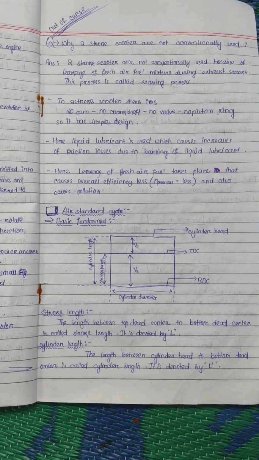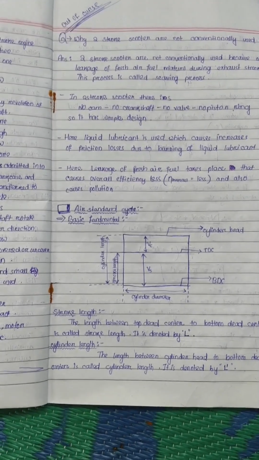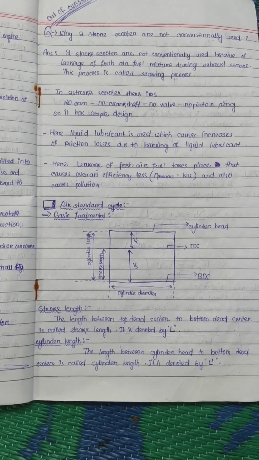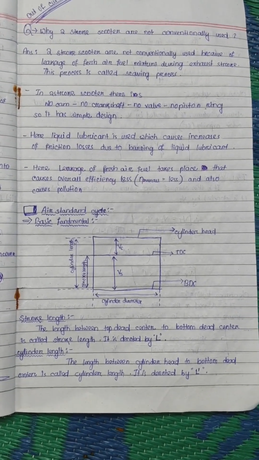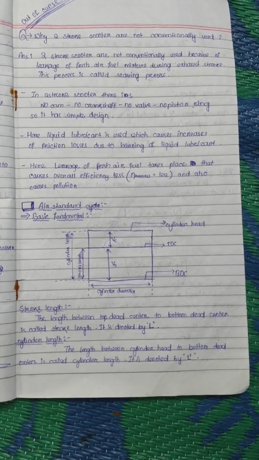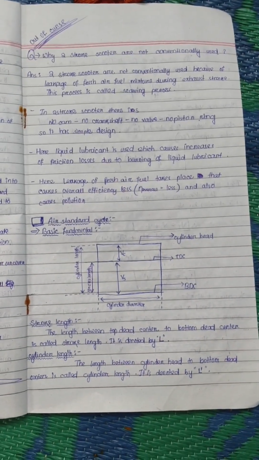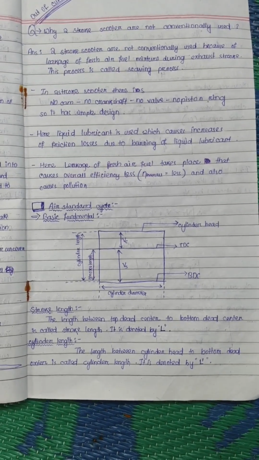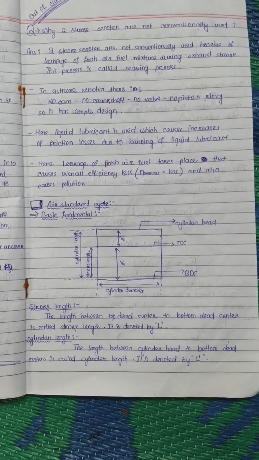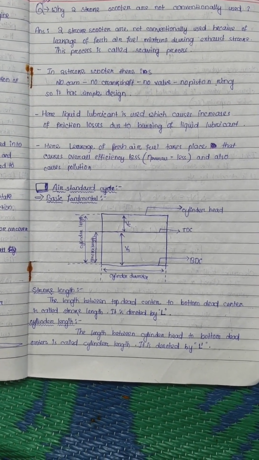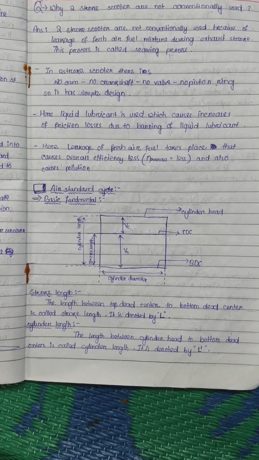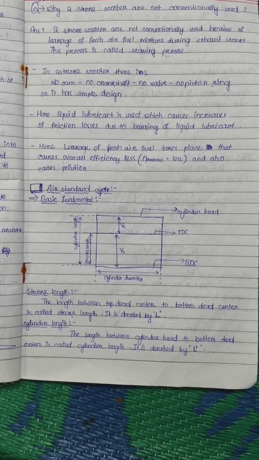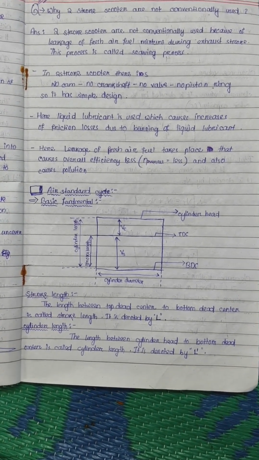Basic fundamentals of it are as follows. Stroke length: the length between top dead center and bottom dead center is called stroke length. It is denoted by capital L. Cylinder length: the length between the cylinder head and bottom dead center is called cylinder length.